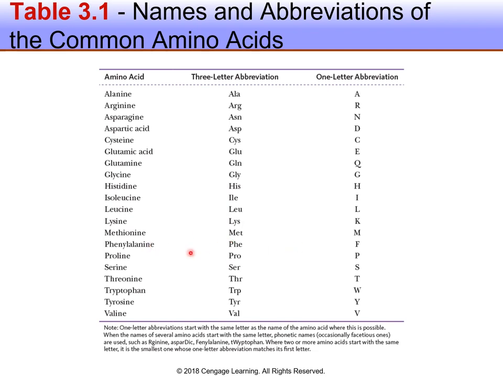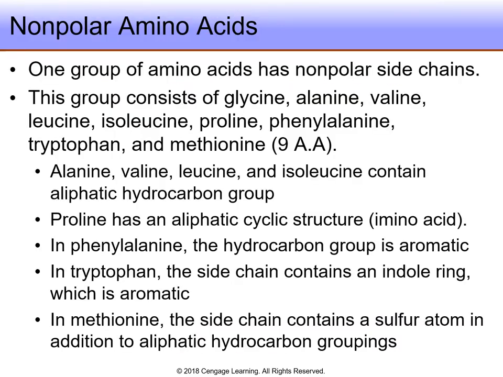Leucine, lysine, methionine, phenylalanine, proline, serine, threonine, tryptophan is also an exception. Tyrosine and valine. What is required from you is the three-letter abbreviation. We will not ask you about the one-letter abbreviation.